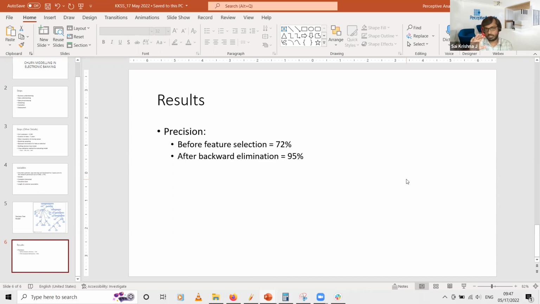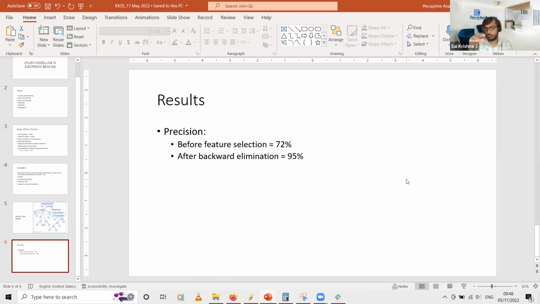That is also the reason we use precision as an evaluation metric, because that is what we are concerned about here. So let's say 50 customers are churning out, we'll know who those 50 are by this model, right? Yes. And that is how you evaluate the model.